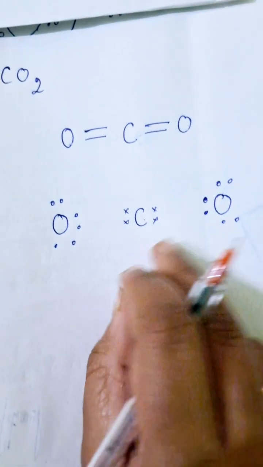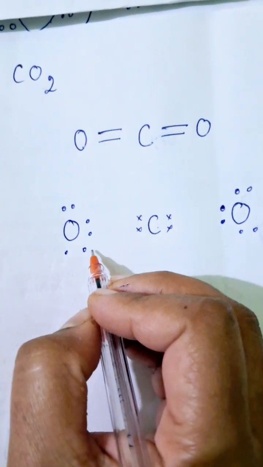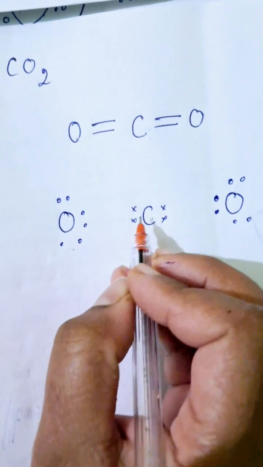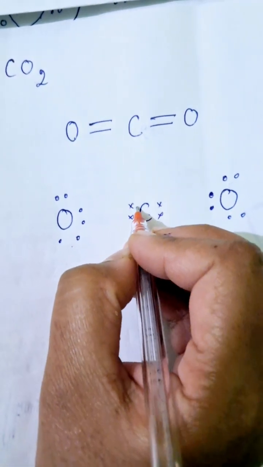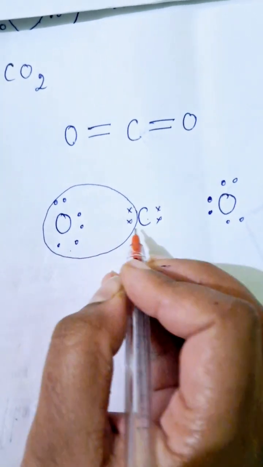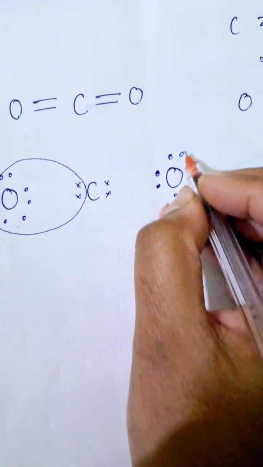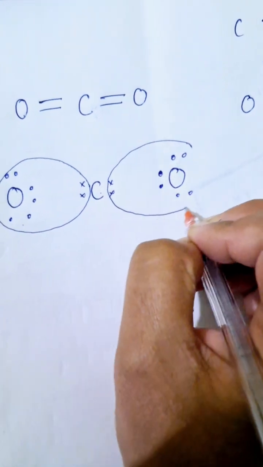Fine. So now how is the sharing of electrons taking place here? Oxygen is having 6 valence electrons. It requires 2 more electrons. So they will combine like this. Now 6 plus 2 satisfied 8. Again similarly here also 6 plus 2, oxygen is satisfied.